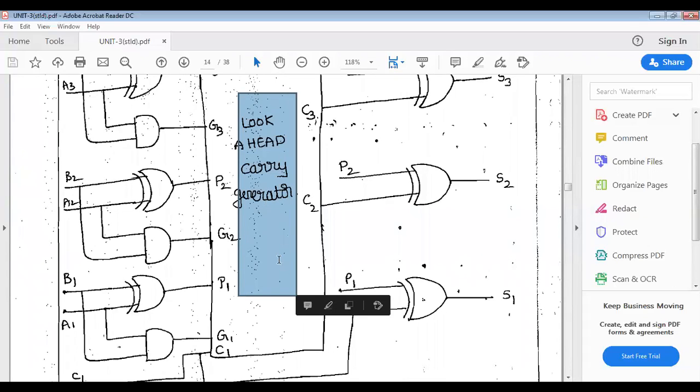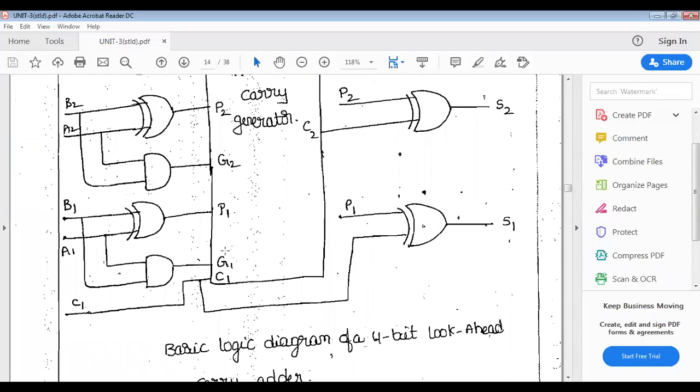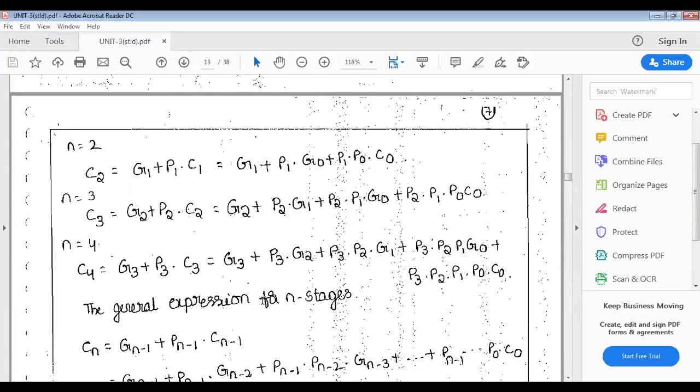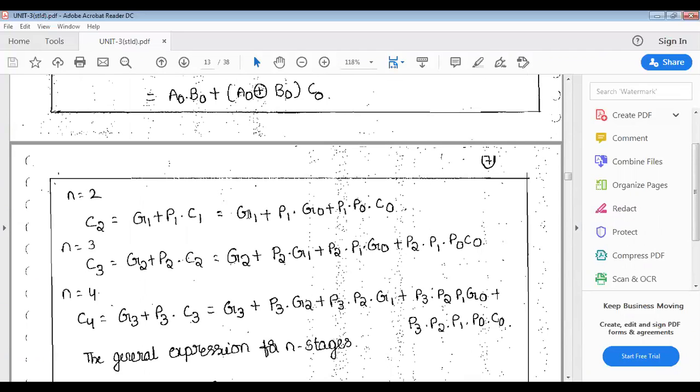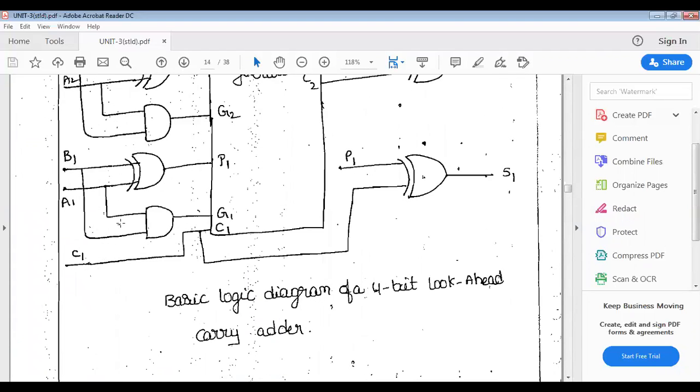Inside this IC. Following. So let us see the G1 and the P1. G1 and the P1 we will get in this equation here. So for the C2, G1 and the P1. Now see, the G1 and P1 we will get from the A1 and the B1 and C1 only. Okay.